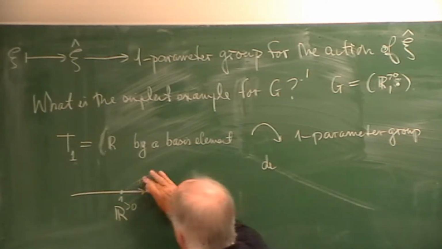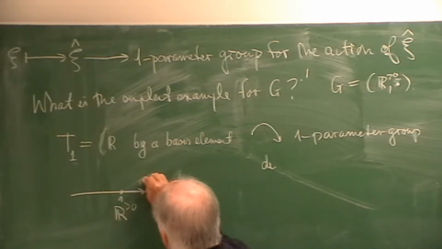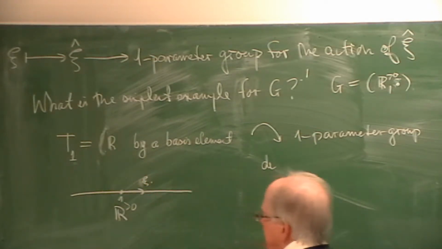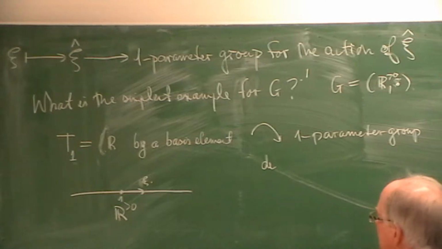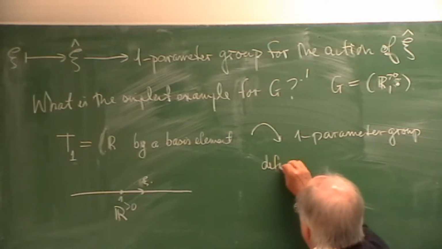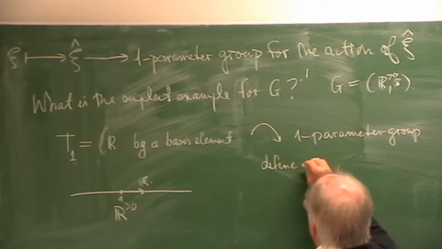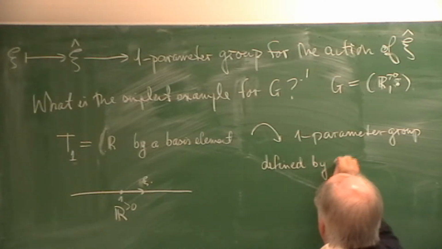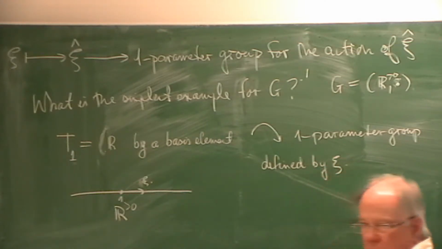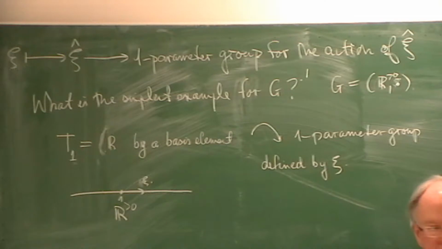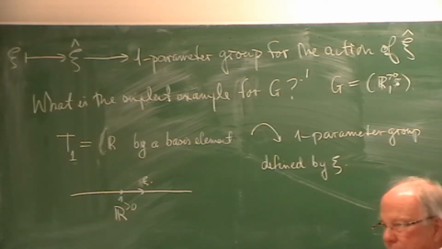Okay. Now we go to this 1 parameter group. Defined, I call it C. Defined by C. You got where I am. I take the multiplicative real numbers, I take the tangent space, I take some basis element, which is, right, C, defined by C. Now I have this 1 parameter group.